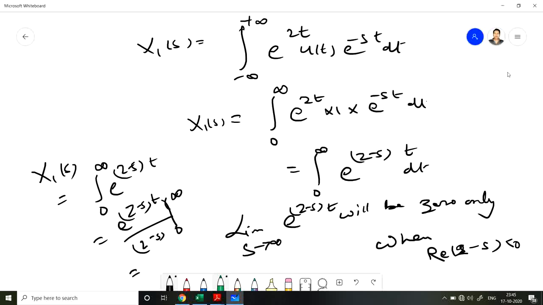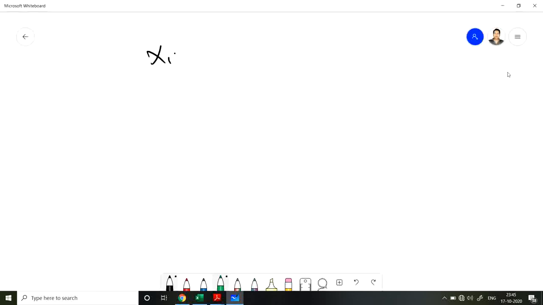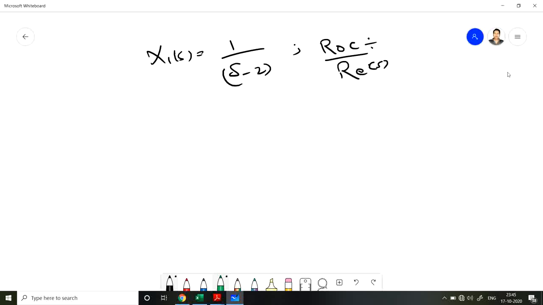So it is equal to 1 divided by s minus 2. You can check this solution. So X1(s) is nothing but 1 divided by s minus 2, and the ROC is real part of s greater than 2.